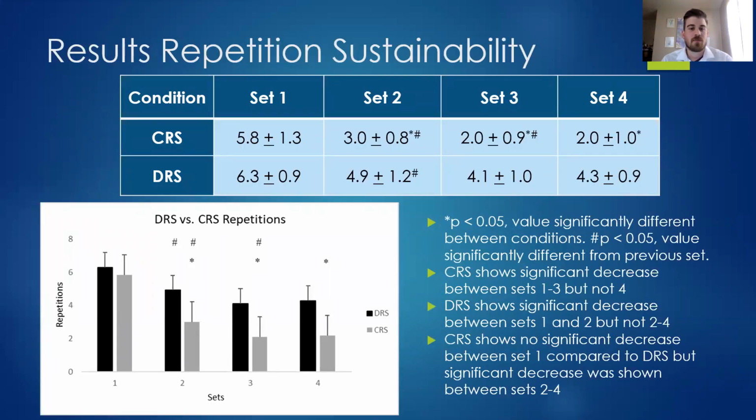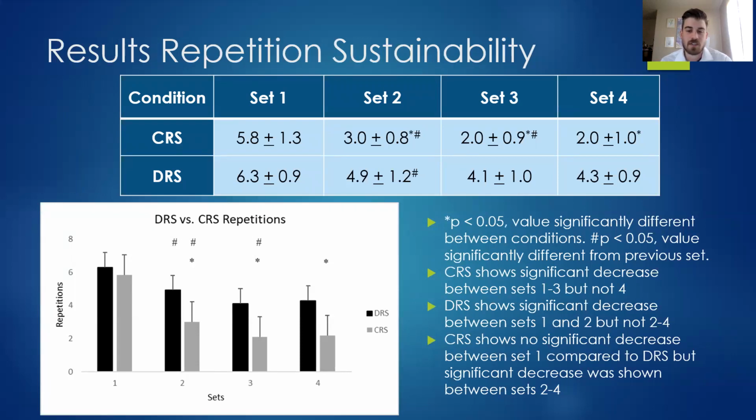So let's talk about the results of repetition sustainability. So the star means the p is less than 0.05, and it was significantly different between conditions. And then the hashtag is p less than 0.05, significantly different from the previous set.